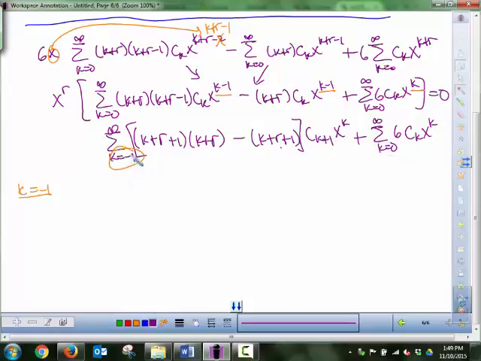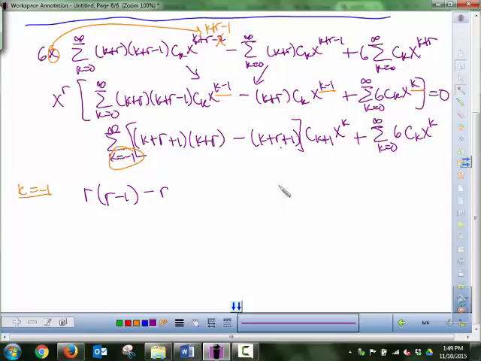So when k is equal to -1, I have a -1 plus r plus 1. So it starts off with an r. When k is equal to -1, I have an r minus 1. Right? K is equal to -1 again here. I have just an r.